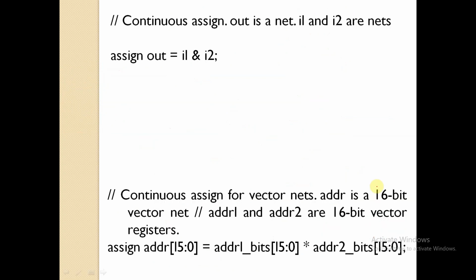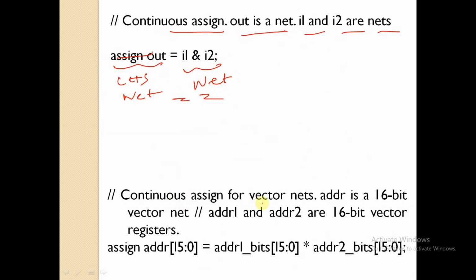So here there is an example. In the continuous assign, out is a net, and I1, I2 are nets. So in this example, the left hand side is a net, and the right hand side is also a net type. And we have continuous assign for vector nets.